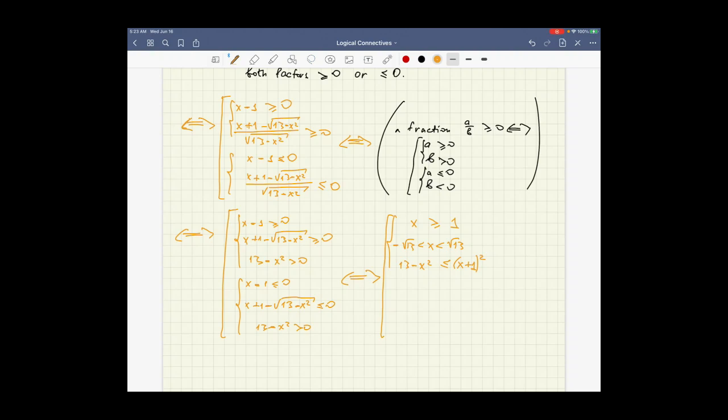Now the second system is slightly more complicated. So again I have x less or equal than 1. And well, 13 minus x squared is greater than 0.